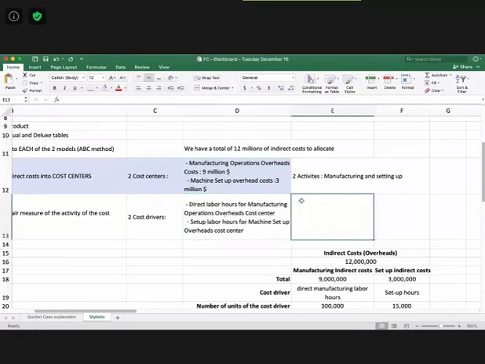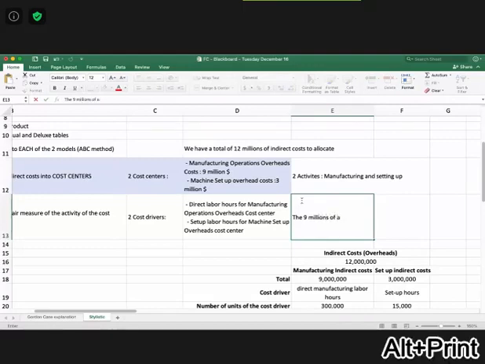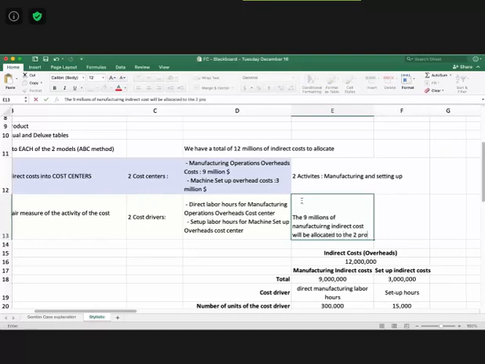That means that the 9 million of manufacturing indirect cost will be allocated to the 2 products, casual and deluxe, in proportion to the number of labor hours spent on each product.